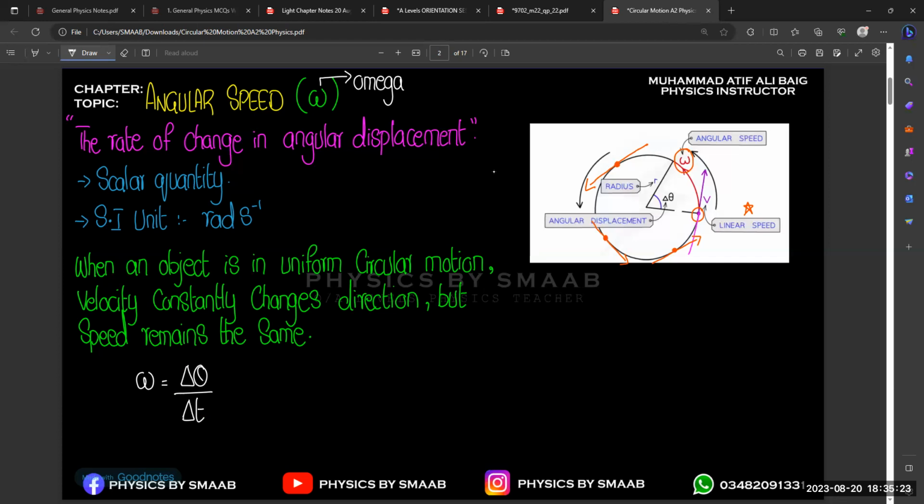Yes. Now we are talking about one complete circle again, right? We already discussed that one complete circle is equal to 2 pi radians, right? Yes. And the time to complete one circle, or one vibration, is known as the time period, right? Remember that.